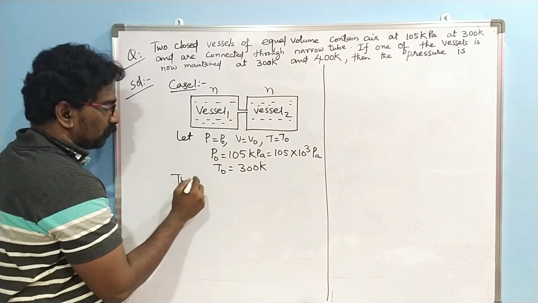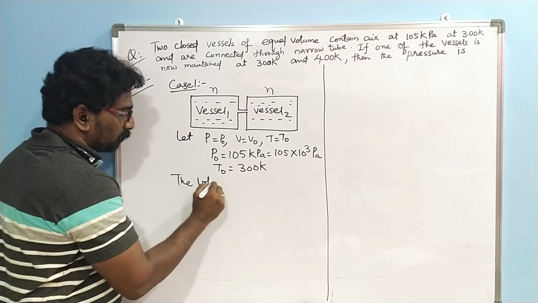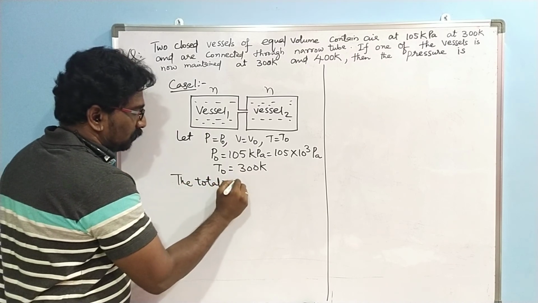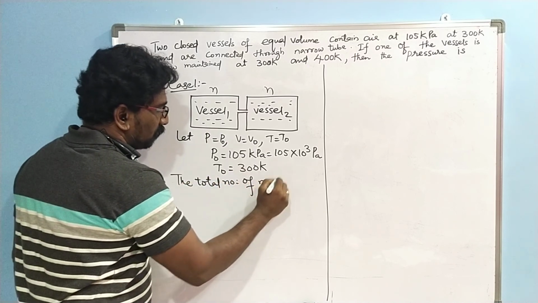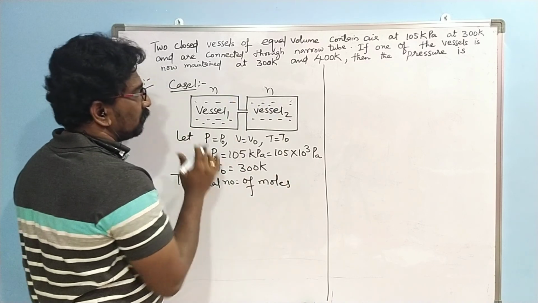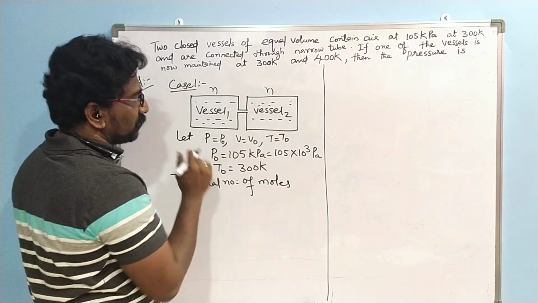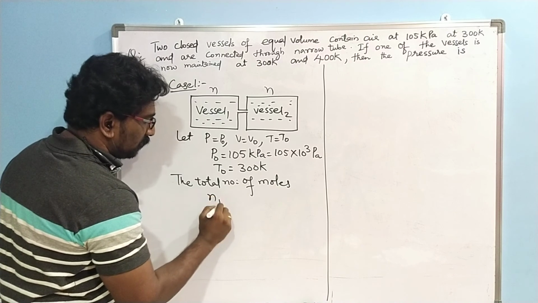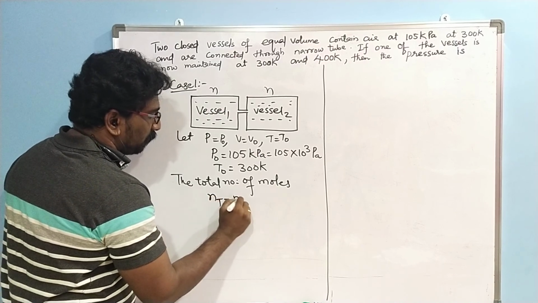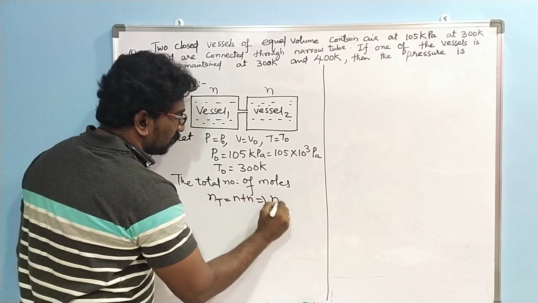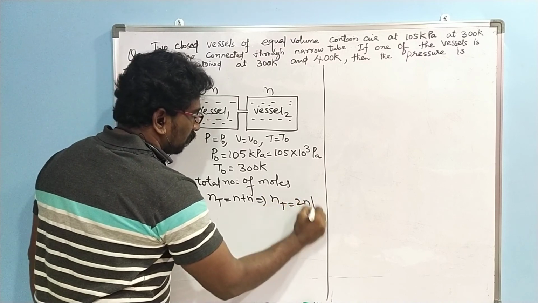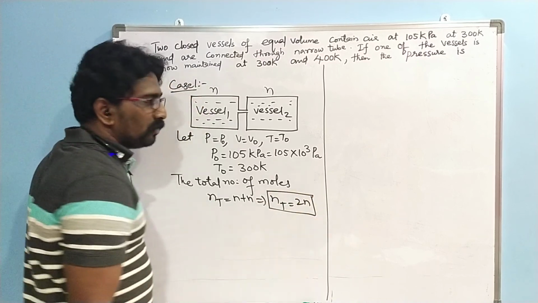The total number of moles in these complete connected vessels is NT is equal to N plus N. This implies NT equals 2N. So this is the total number of moles.